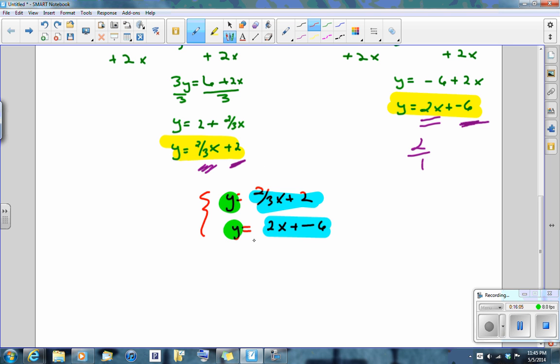And that's what we're going to do. 2/3 x plus 2 is equal to 2x plus negative 6.